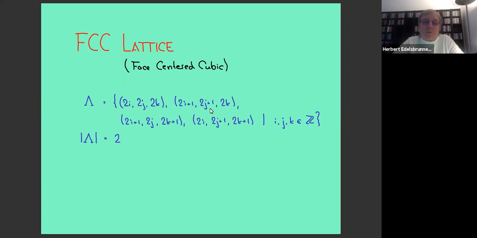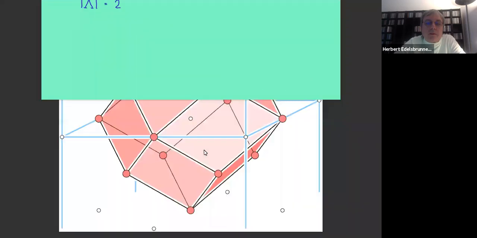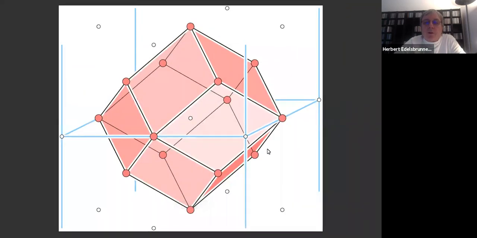So the horizontal faces, the side faces, and the front faces. Get three of them. In this case, the volume of a Voronoi cell is 2, because I get 4 times as many points as the lattice, the integer lattice, and it looks like that. So that's a rhombic dodecahedron.